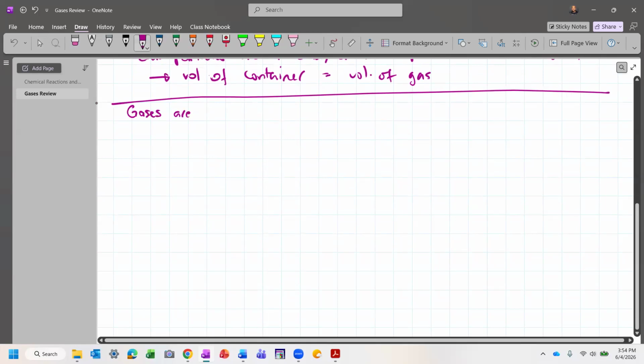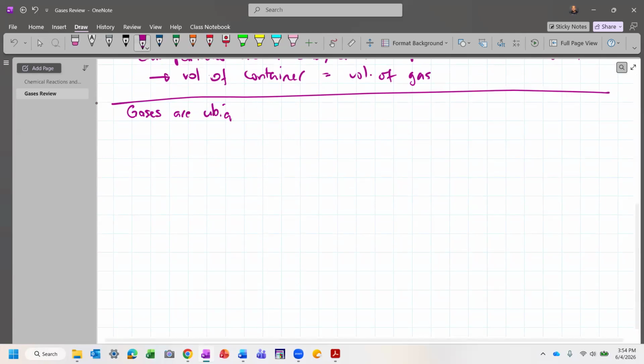So we can say they are ubiquitous. We find them all over the place, and they come in different forms in terms of the particles themselves. They can be atomic gases, for example argon or helium gas, which exist as individual atoms.